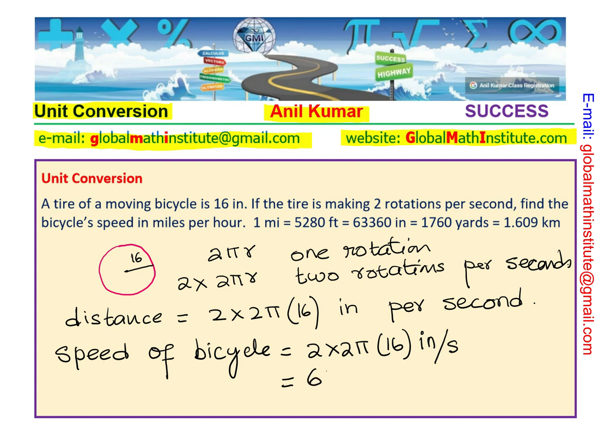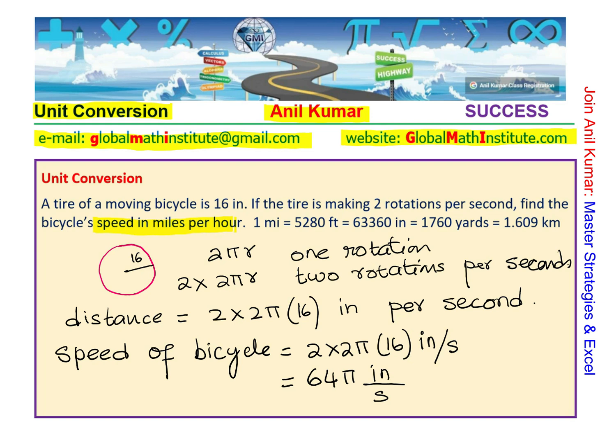So we have 64 pi inch per second. That becomes the speed in inches per second. So that's the first part.